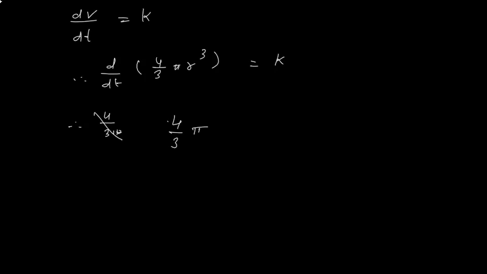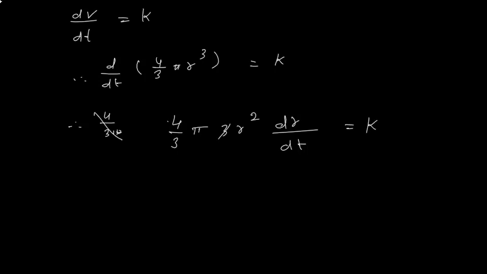If we differentiate, we will get 3r square into dr upon dt. We have to find the value of r, and this is equal to k.